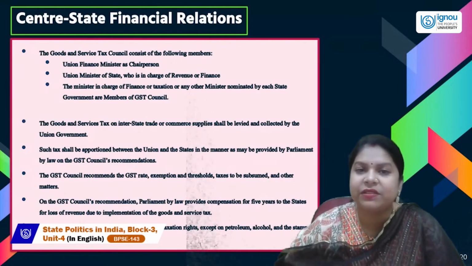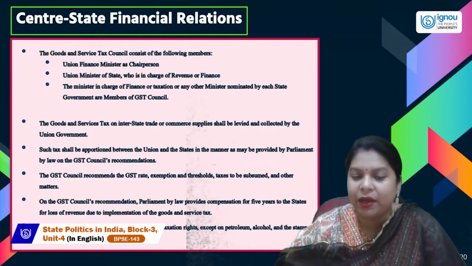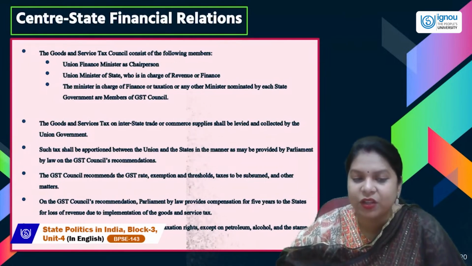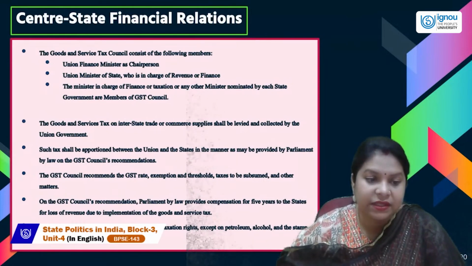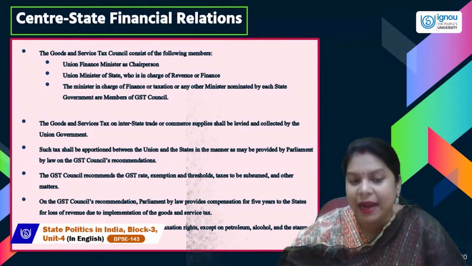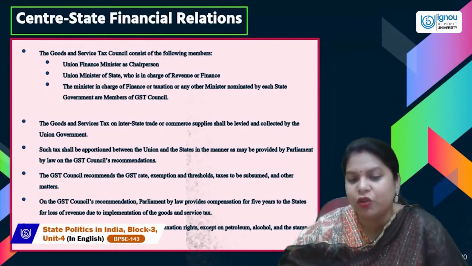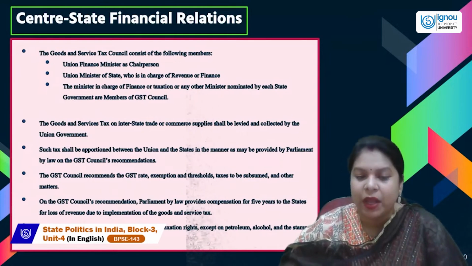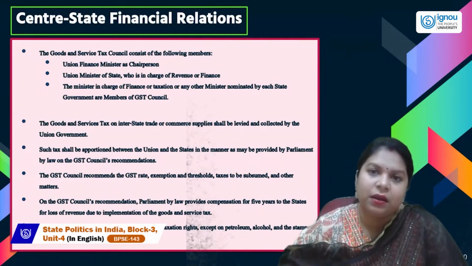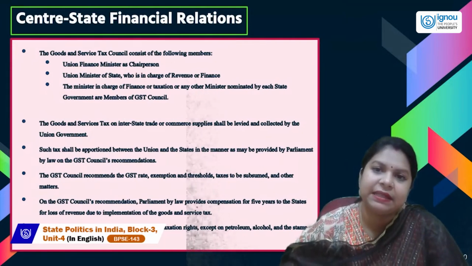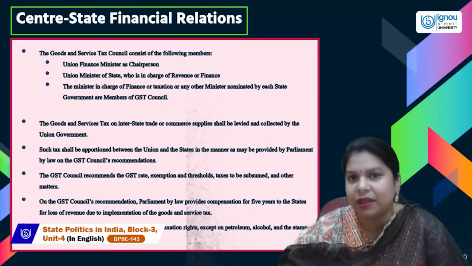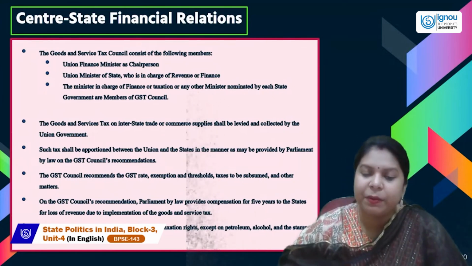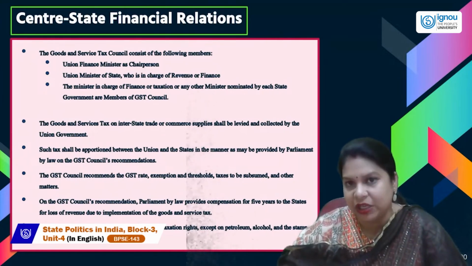On the Council's recommendations, Parliament by law provides compensation for 5 years to the states for loss of revenue due to implementation of goods and service tax. This is very important: the Council recommended that Parliament bring a law to compensate the states for the next 5 years for the loss of revenue they will face after implementing GST.